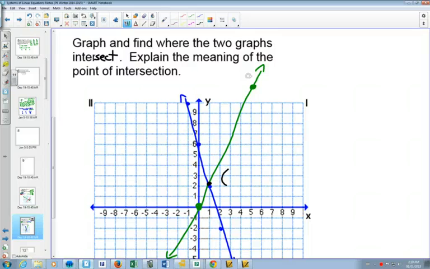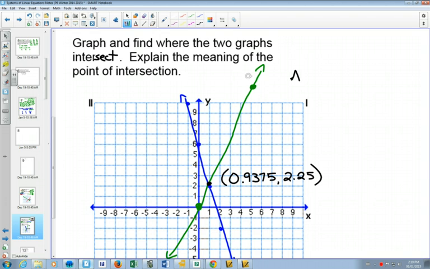So I'll label that point on my graph. This point right here is 0.9375, comma 2.25. What does this point mean?